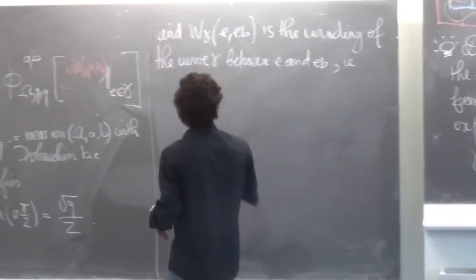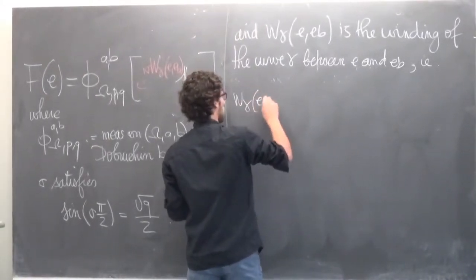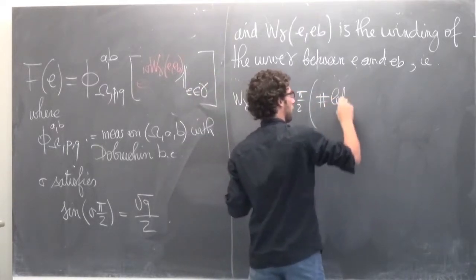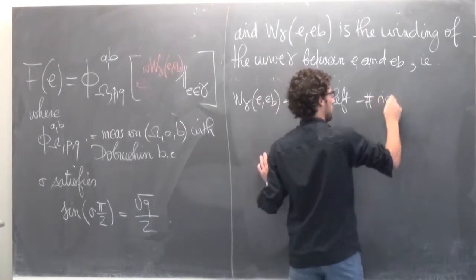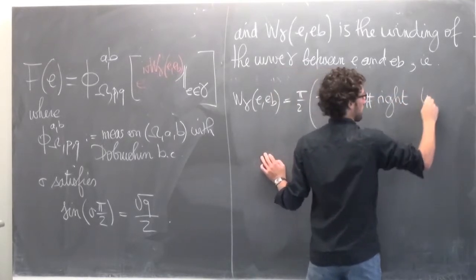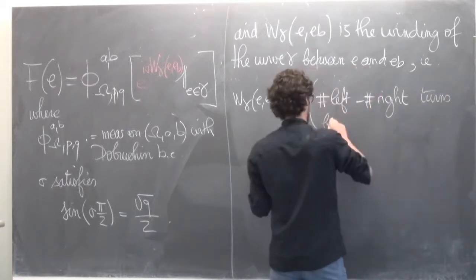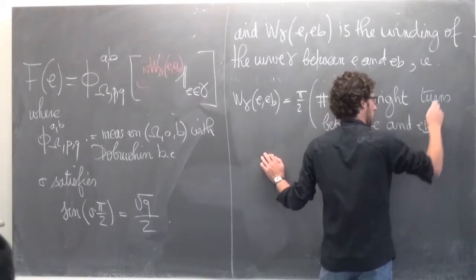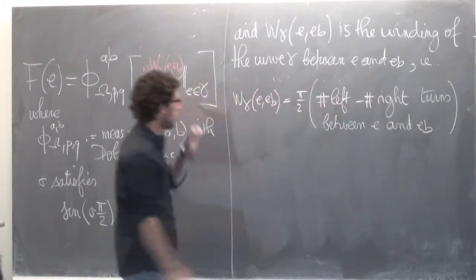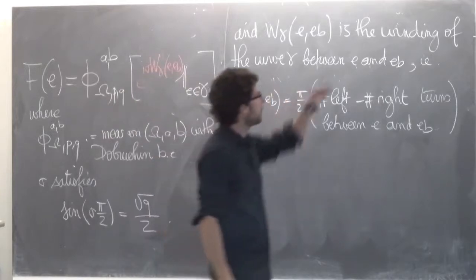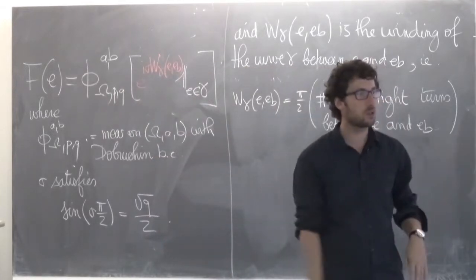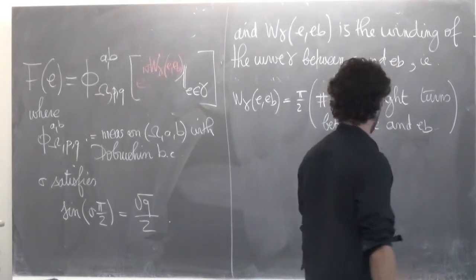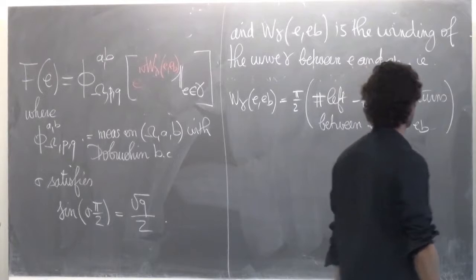So W gamma E EB is pi over 2 times the number of left minus the number of right turns between E and EB. You just count how many turns you do left, you subtract the number of turns you do right, and you multiply by pi over 2, and you get the winding between an edge E and an edge EB.